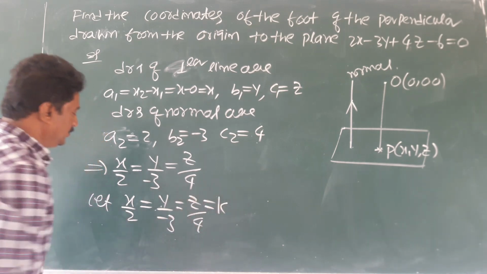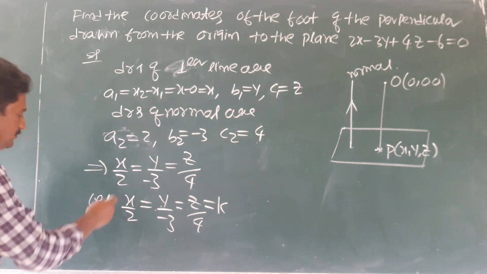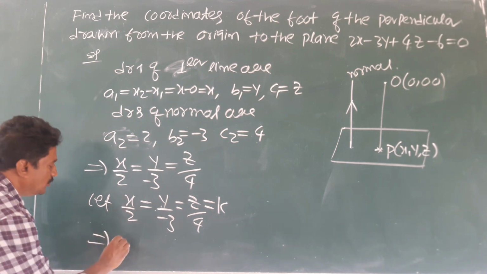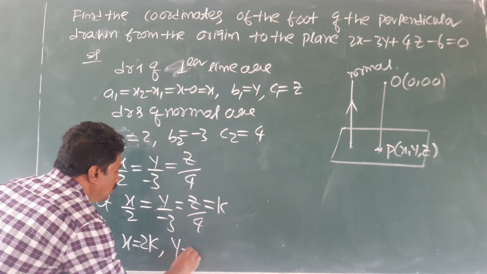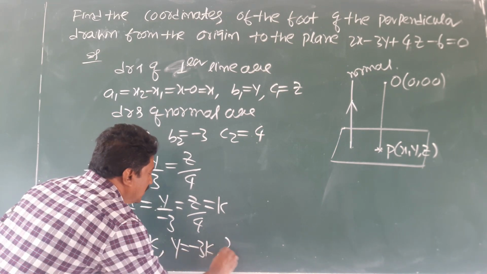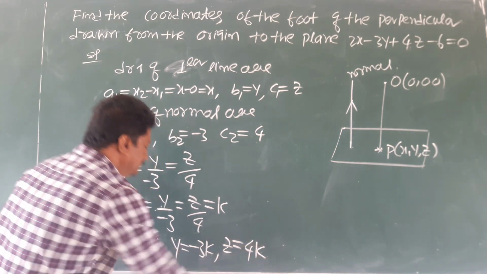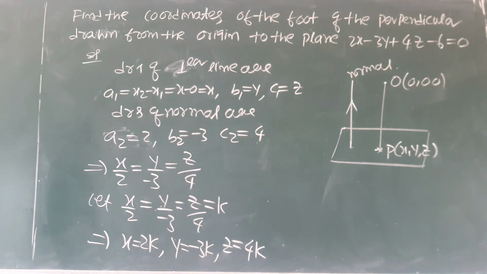Take that as k. So x is equal to 2k, y is equal to minus 3k, z is equal to 4k.